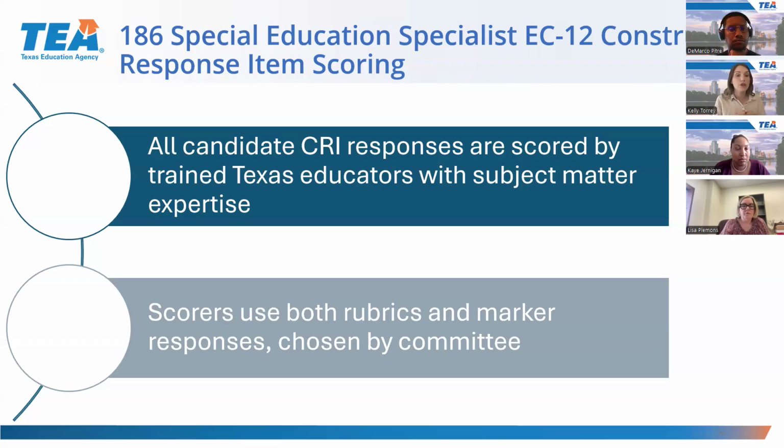And scorers are using both the rubric and those marker responses to generate the score. I know we get those questions often, so I want to make sure those are addressed. Human scorers that are Texans, using the rubrics and those committee-chosen marker responses, is how those scorers are scoring candidate responses.